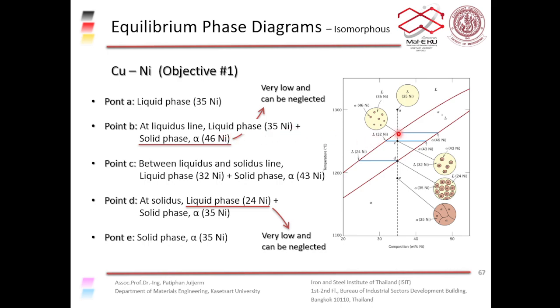So it intercepts the liquidus here, so it tells you that the liquid has 35% nickel. It intersects the solidus here, so it tells you that the solid phase, the alpha phase, has 46%, right? So from the intersection, you drop a line down here, and you can read off the x-axis, and you can see that it is 46% nickel for the solidus line.